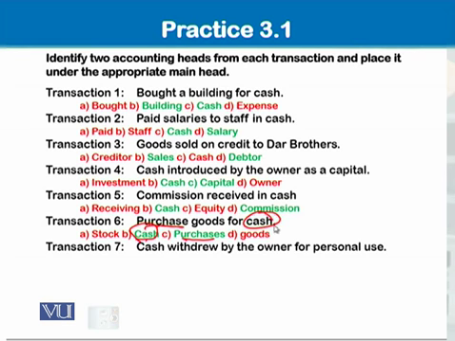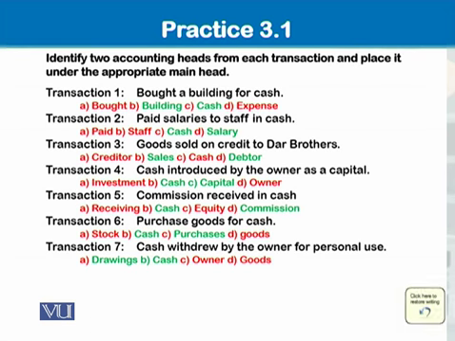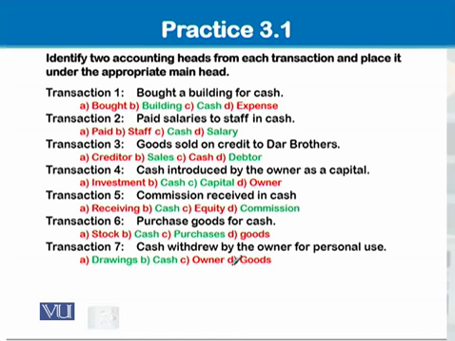Well, next comes cash withdrawn by the owner for personal use. Here there is cash and drawings withdrawn by owner. So cash is one accounting head and drawings is the second accounting head. Very good.